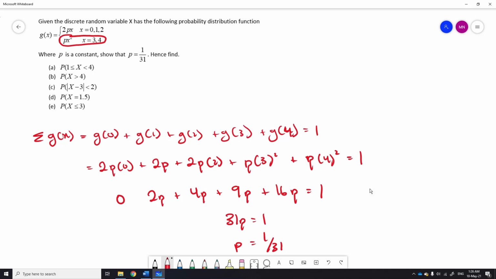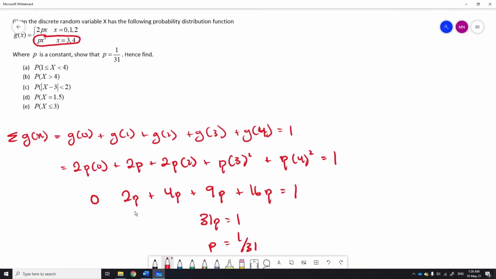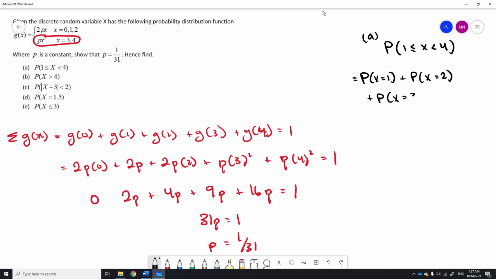Okay, next for question A: the probability where 1 is less than or equal to x less than 4. That means we count the probability from p(x equal to 1), p(x equal to 2) plus p(x equal to 3) only.